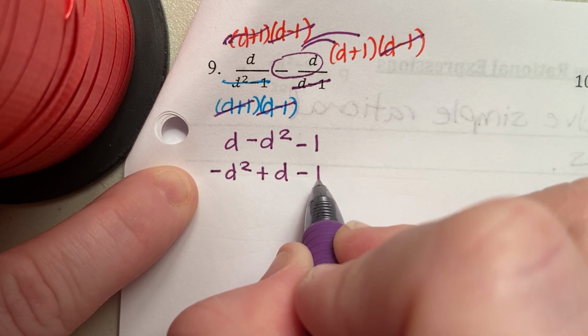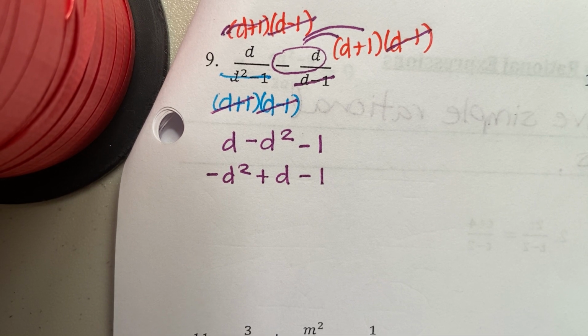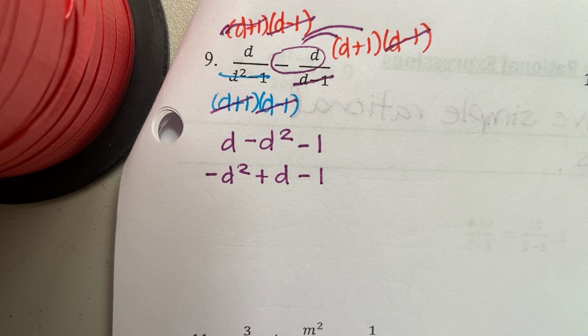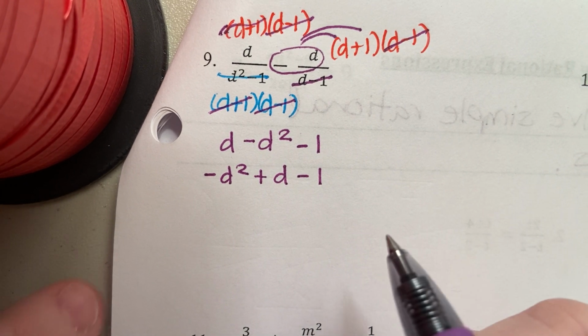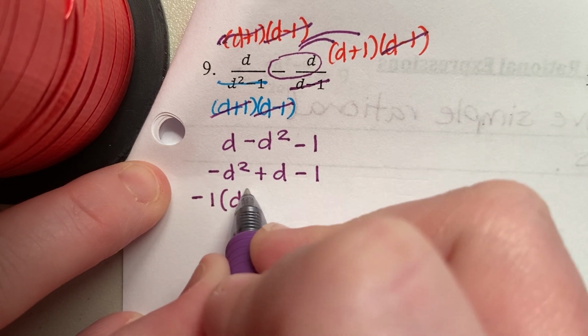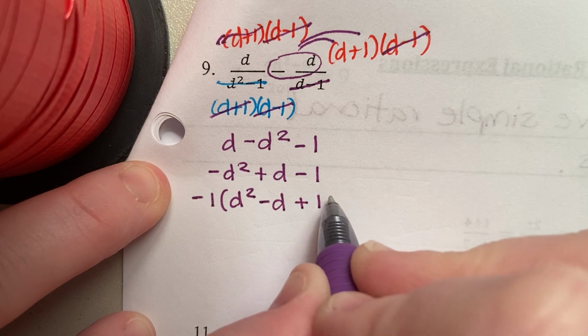Now, I don't know if you remember this, but we talked about this a lot, that we really want this leading term to be positive. All right, we want it to be happy. So I need to factor out a negative 1, which would give me positive d squared minus d plus 1.